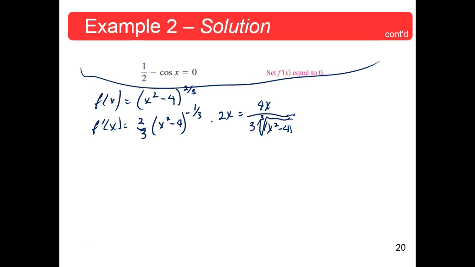Notice they didn't give us a given interval. So we're assuming all real numbers. What value would make that numerator 0? x equals 0. x equals 0, critical value, or a critical number. That's the only one. How about that denominator?